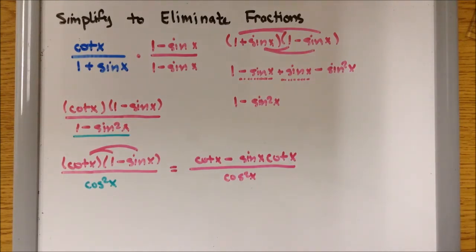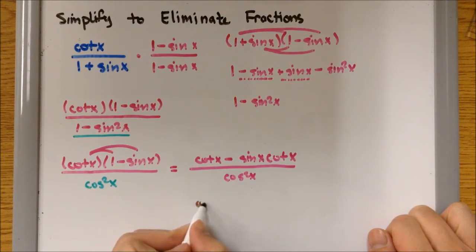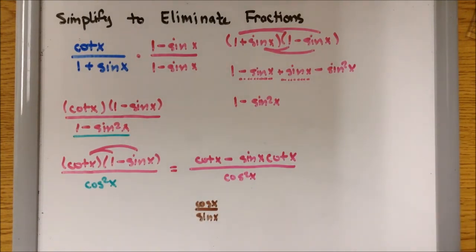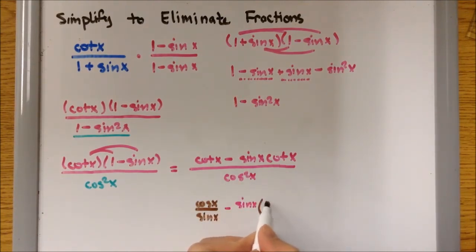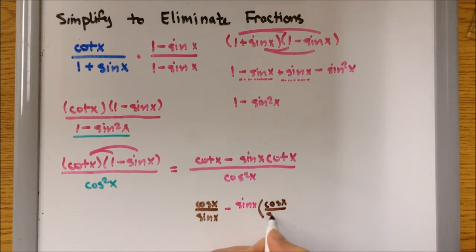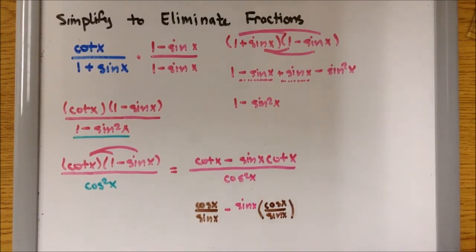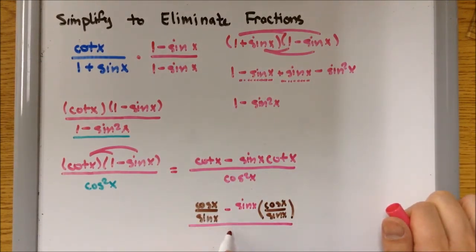So the quotient identity for cotangent of x will be cosine of x over sine of x minus sine of x times another quotient identity for cotangent of x, so cosine of x over sine of x, and the whole thing over cosine square of x.